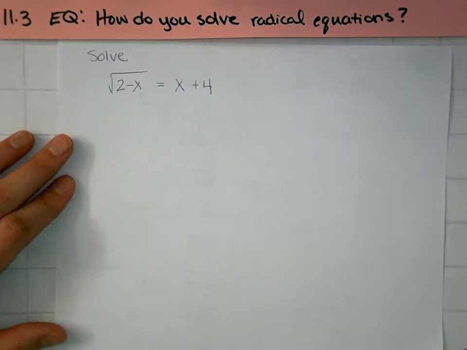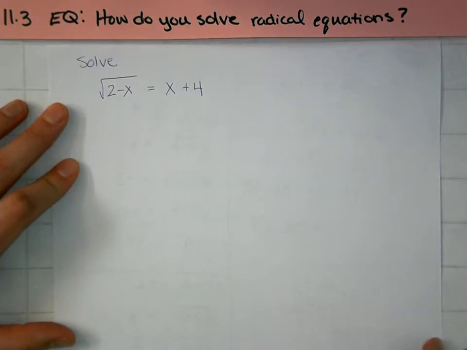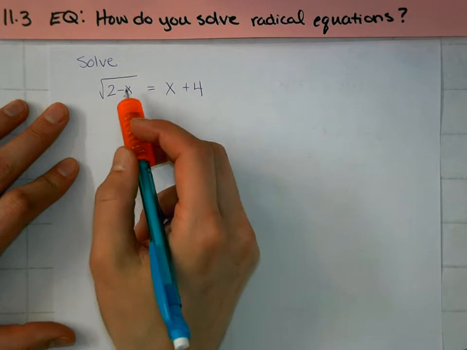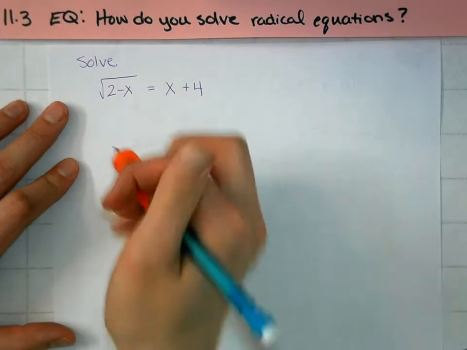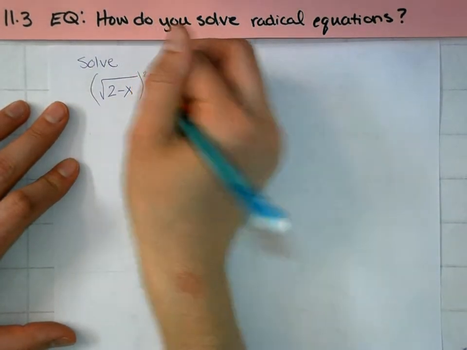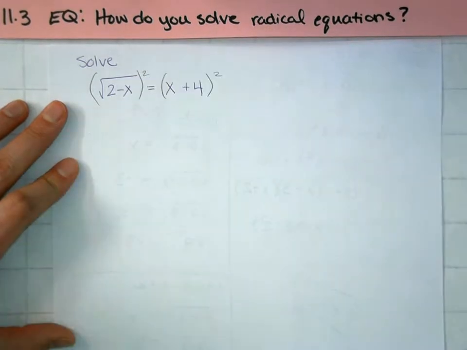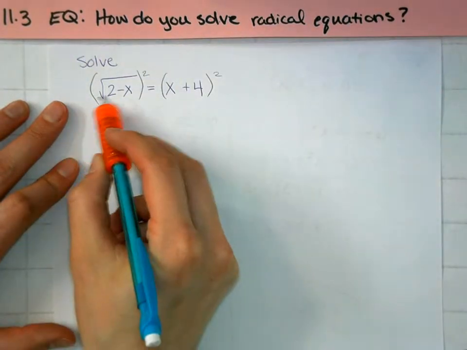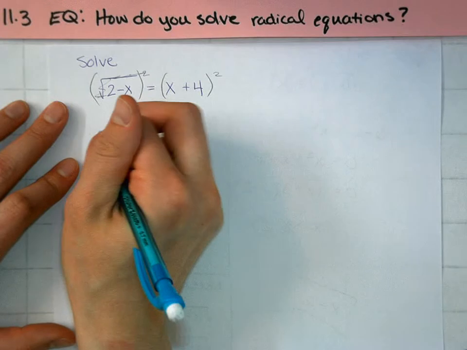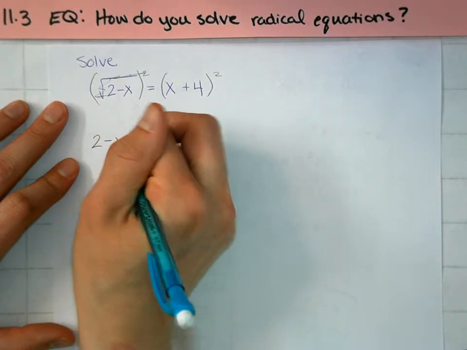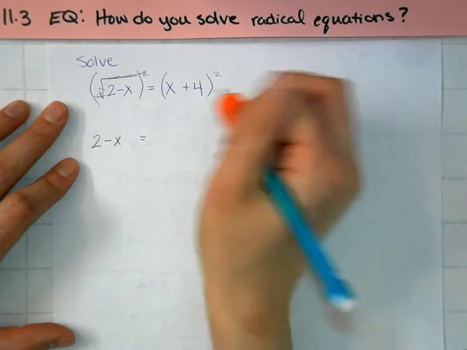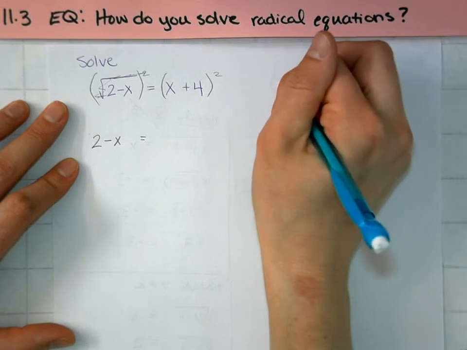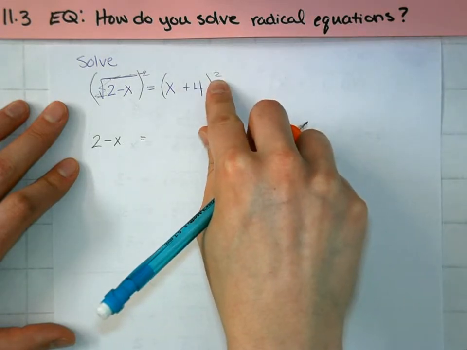In our next example, I again already have my square root isolated, so I can go ahead and square both sides of the equation. This cancels my square root. And I'm actually going to square this off to the side. Remember, squaring means you're multiplying it by itself.